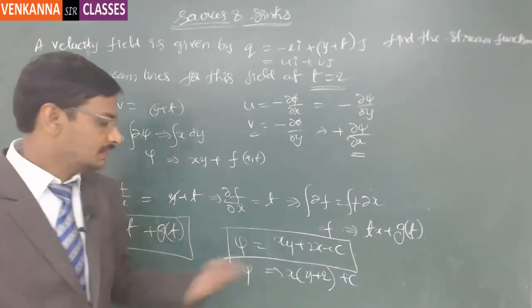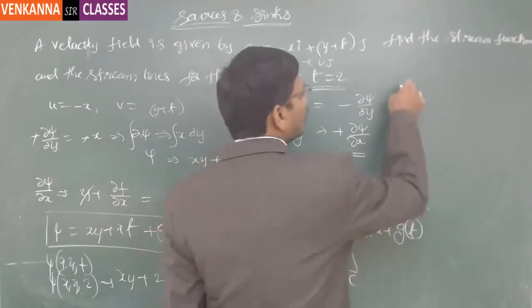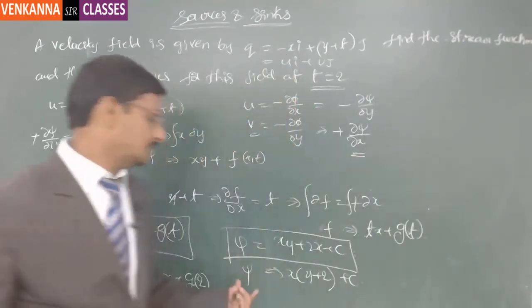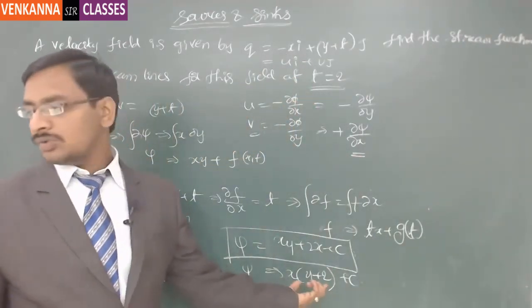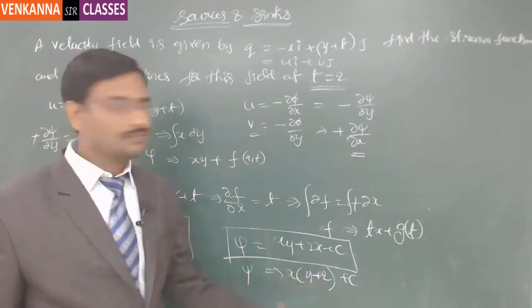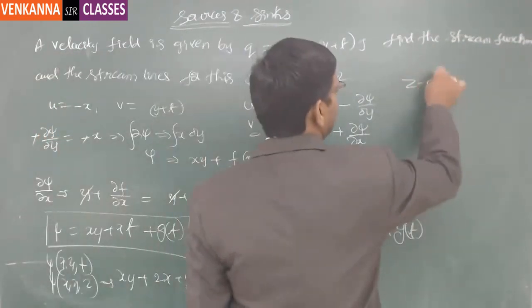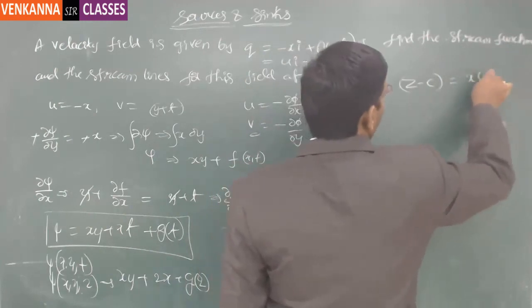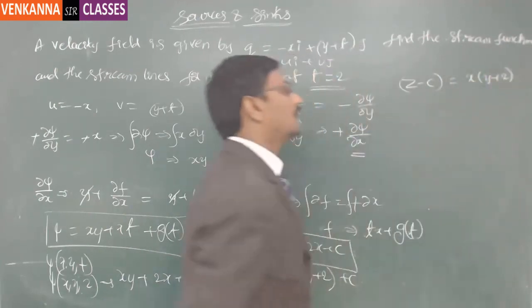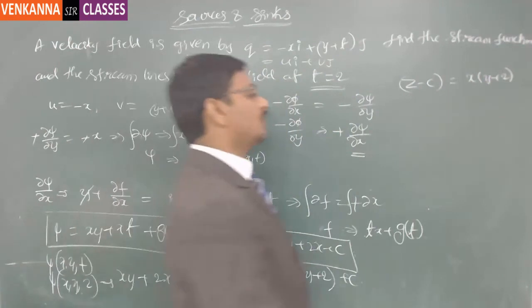Okay, so let me analyze this. See this. Let me call the z-axis the stream function. Then how the stream is flowing is on the right side. Now z minus c is equal to x into y plus 2. So it is nothing but the xy coordinate system.